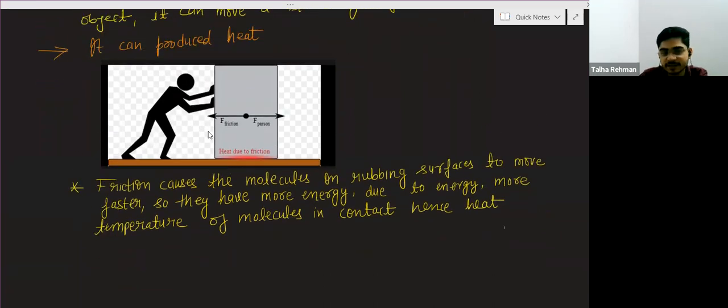This is the explanation. Here I have written that force can produce heat. So this is the explanation of how force can produce heat. Hence heat can be produced, or you can say generated.